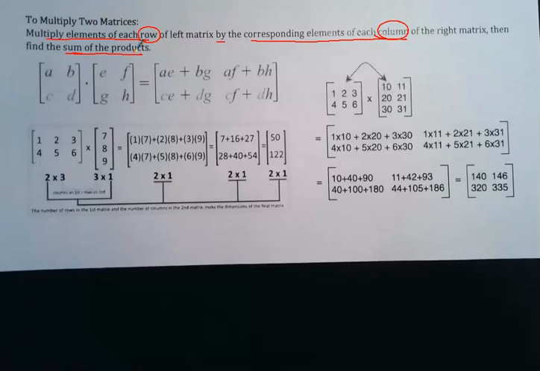Are you kidding me? So I've got three different things here to help show you what's happening. To help us sort it out a little bit. First of all, we're going to take the elements of each row. So we're going to take A and B, and multiply them by the corresponding elements of each column in the next one.